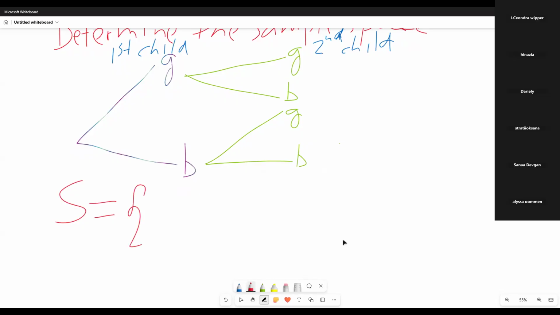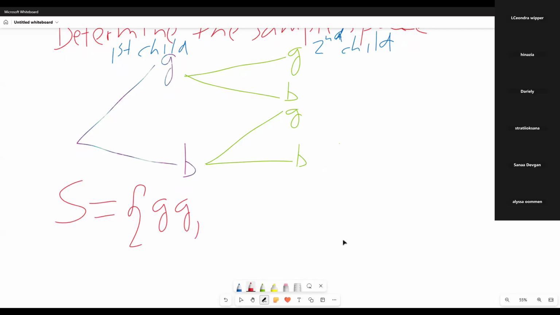The two people try, and the first one is a girl. The second one can be a girl. So the two children can be girl, girl. Agreed? Yes.